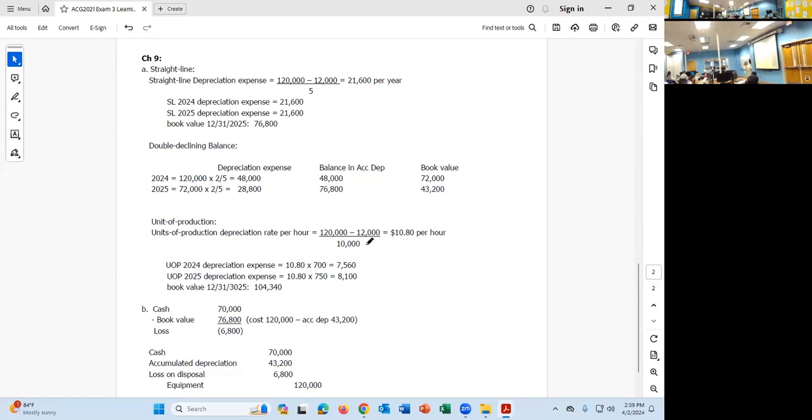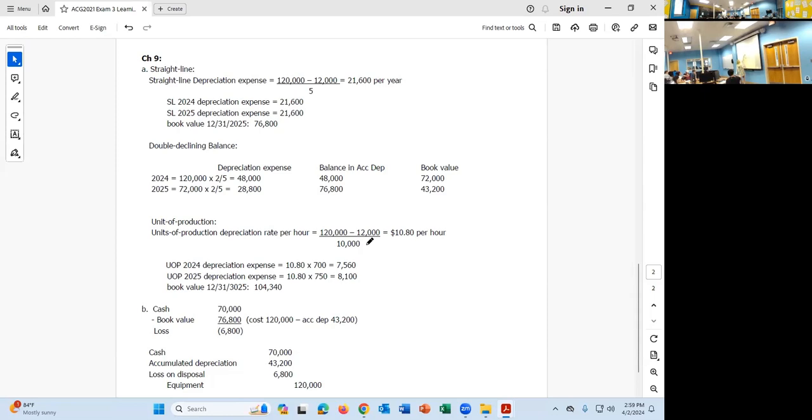Good question. On your sheet, it says salvage value. They're the same thing, but residual value is what you'll see on your test, just so you know. Residual value is how much you think the asset will be worth at the end of its life. You bought this asset for $120,000. Remember, both of these are estimates, the residual value and the useful life.